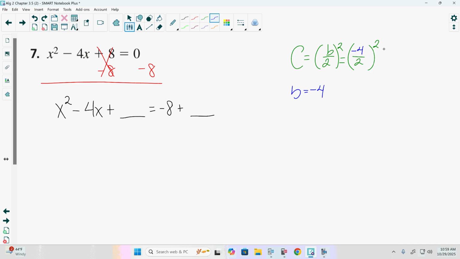Now again, we could plug it all in, but we would lose the number that we need when factoring. Negative 4 divided by 2 is negative 2. Negative 2 squared, negative 2 times negative 2, is positive 4. So we can plug 4 into both spots.